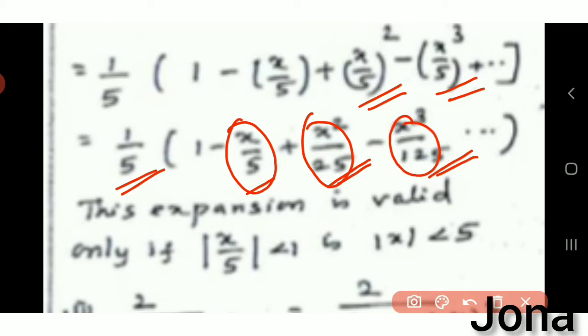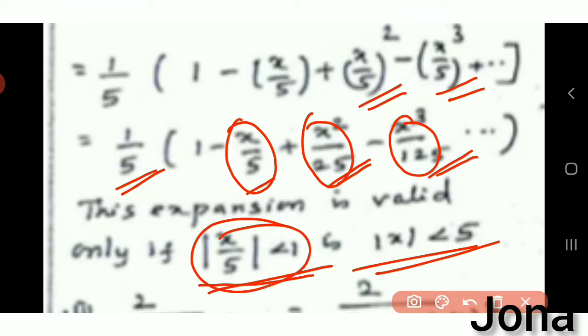So this expansion is valid only if modulus of x by 5 is less than 1. If you simplify this one, we will get, by cross multiplication, modulus of x less than 5. So this is the condition we have for this binomial expansion.